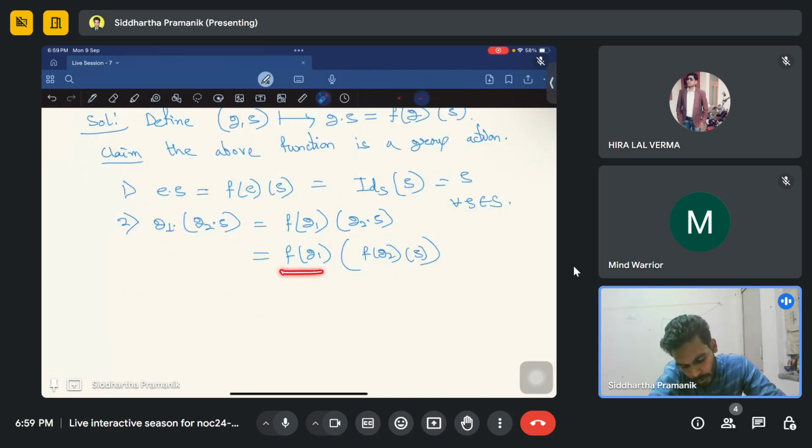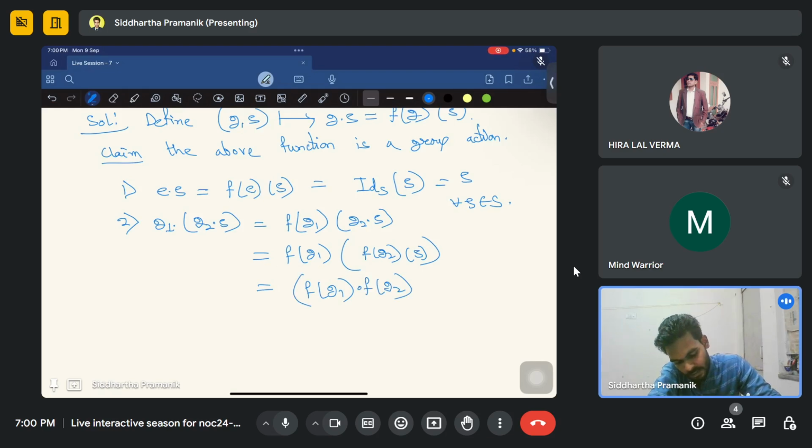Now f of g1 is a bijection of S, and f of g2 is also a bijection of S. So this is a composition of two bijections, so we can evaluate it at s.